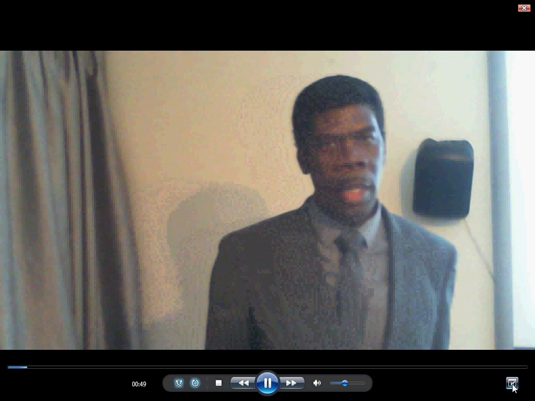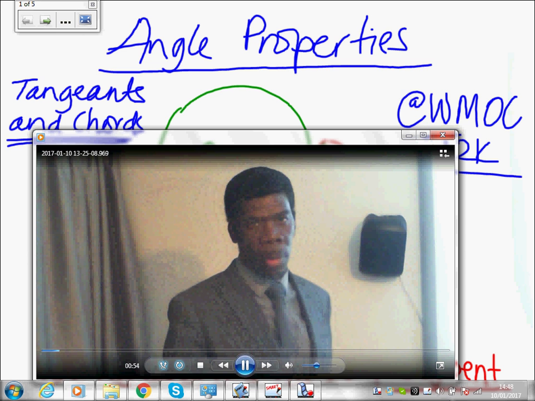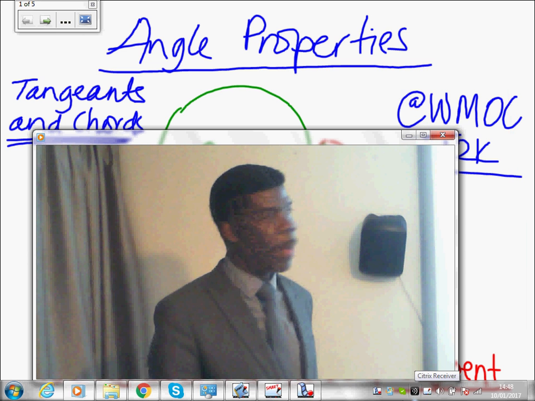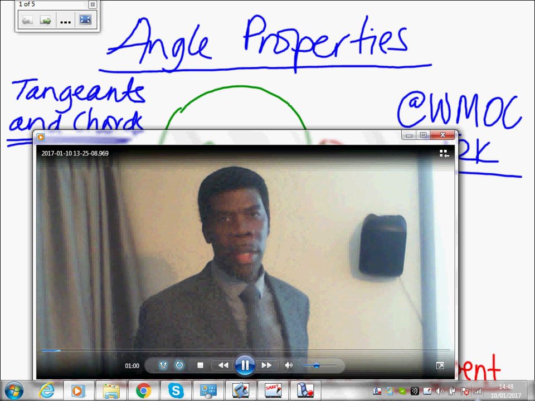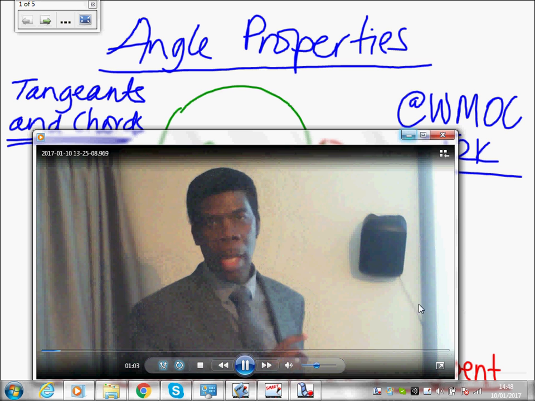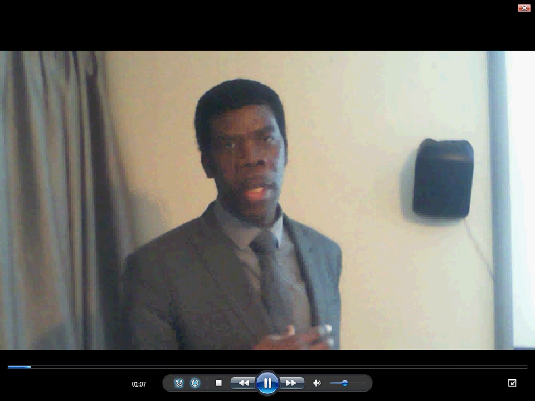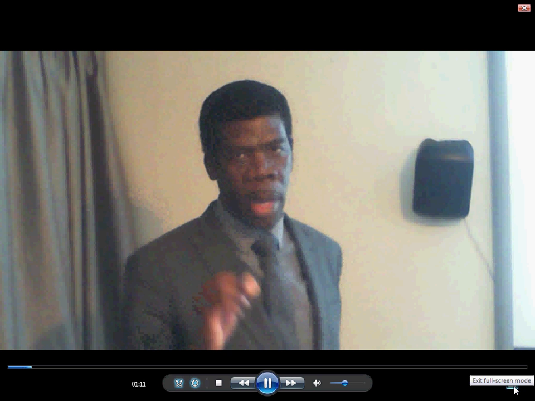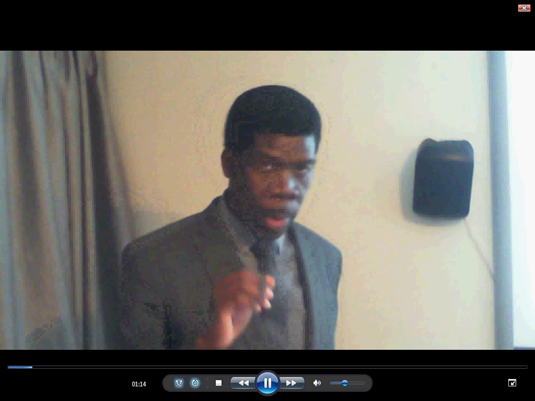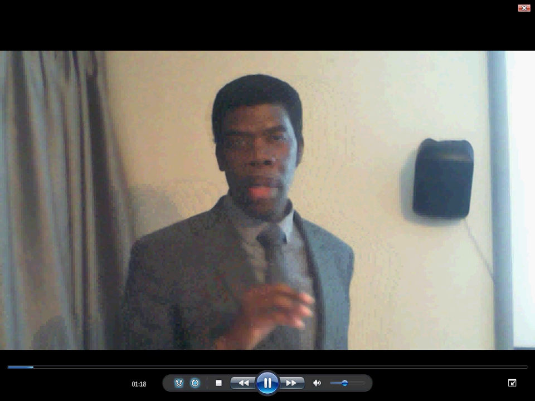Proceeding further, we want to look at the following section now, which is the tangents and chords, arcs and segments. Let's have a look at the following properties. It will be the last part of the tangent and chords. Then we look at several questions, and then we build on that as we understand the actual properties that will guide us in solving questions based on angle properties.